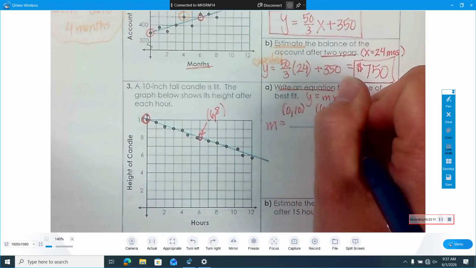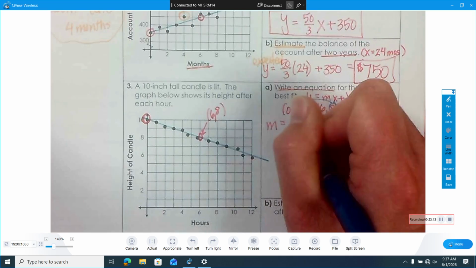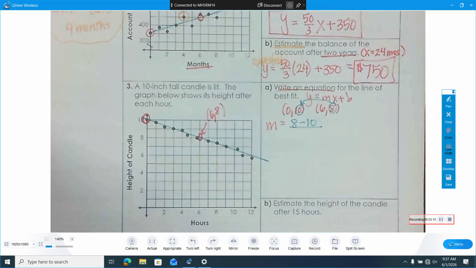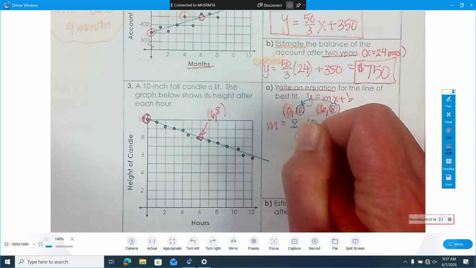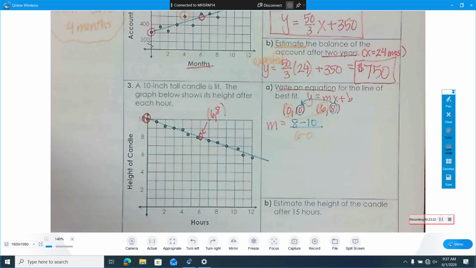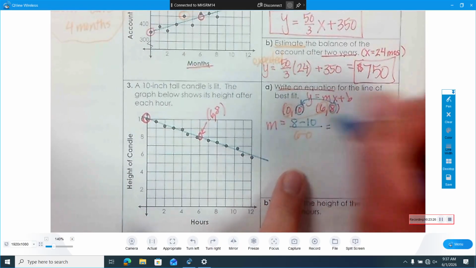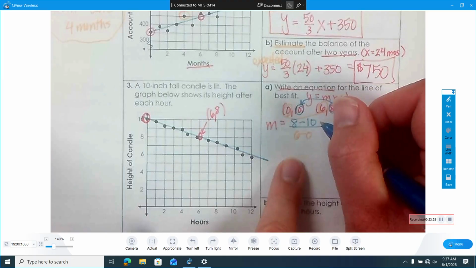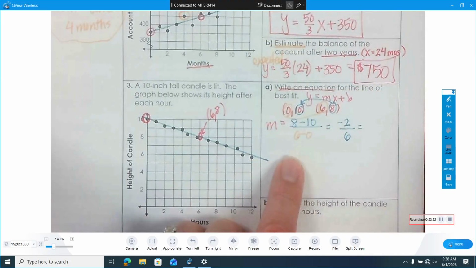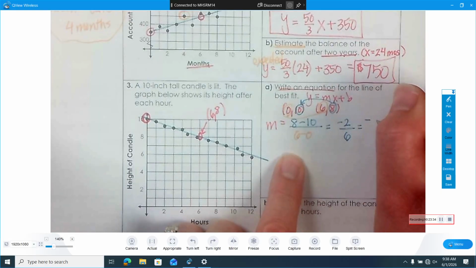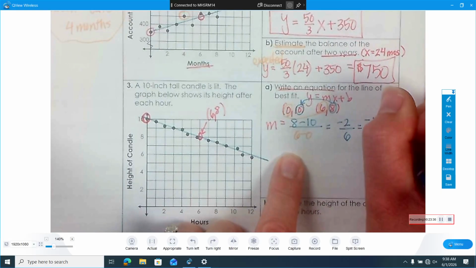And now I can find my slope. So I'm going to do y2 minus y1, so 8 minus 10 over x2 minus x1, 6 minus 0. 8 minus 10 is what? Negative 2 over 6, which reduces to negative 1/3.